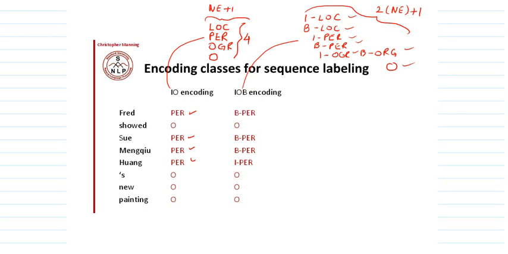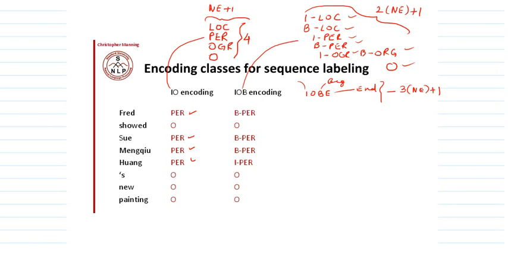Some people have also proposed the IOBE encoding, which signifies this is the intermediate part, this is the beginning part, and this is the ending part. In this case we can have three times the named entities plus 1 labels.